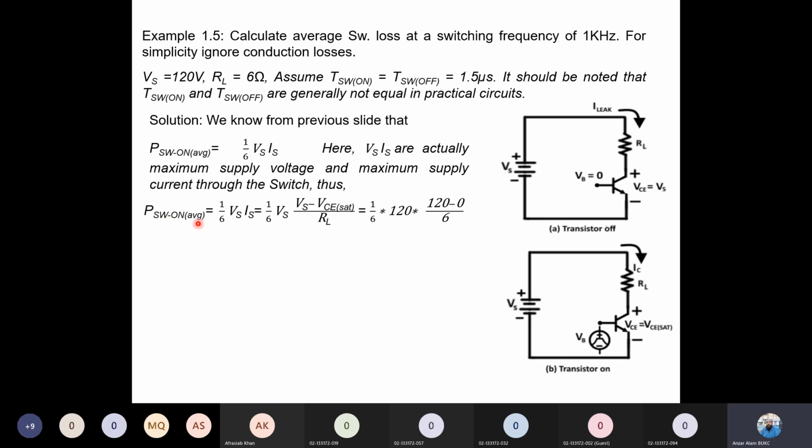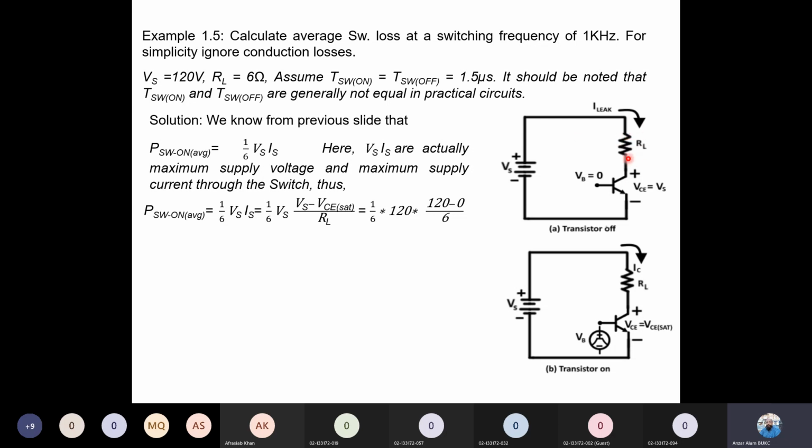How will the switch-on average loss be calculated? 1/6 Vs Is. Why is it written as average? Because we multiplied by 0.637. What is the value of Is here? It is the current through the transistor and the current through the resistor. It's easy to find the current through the resistor.